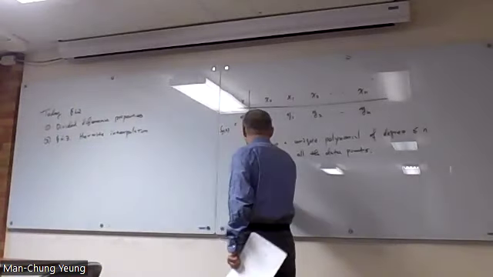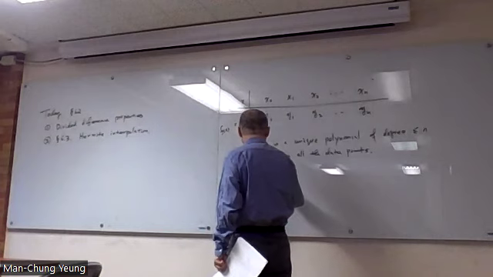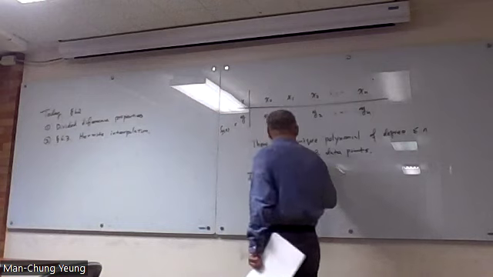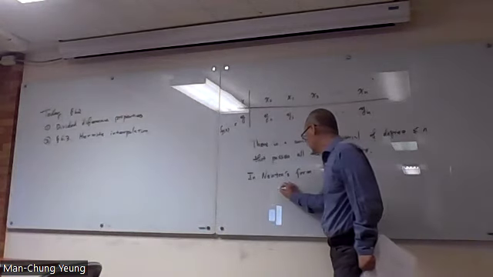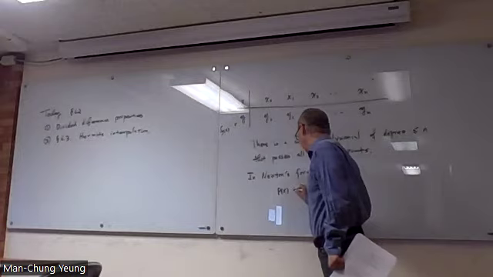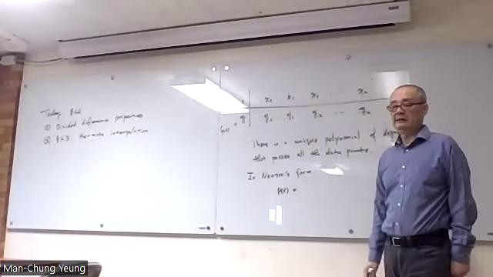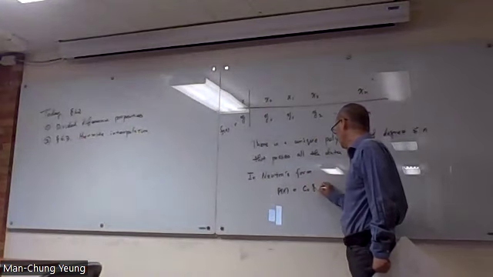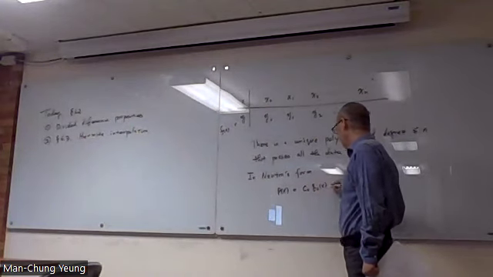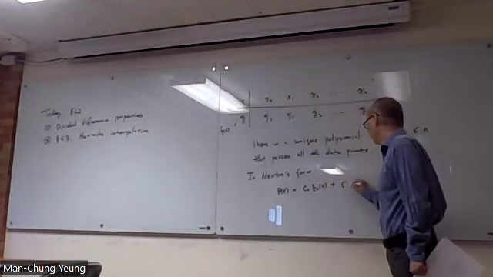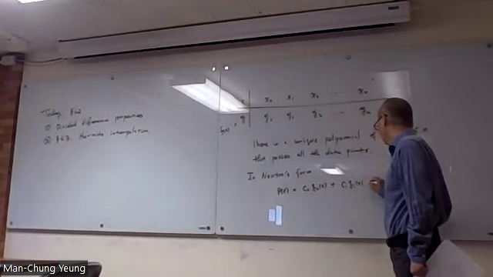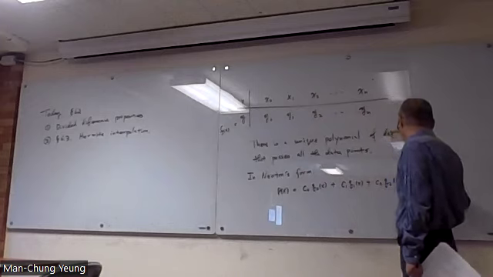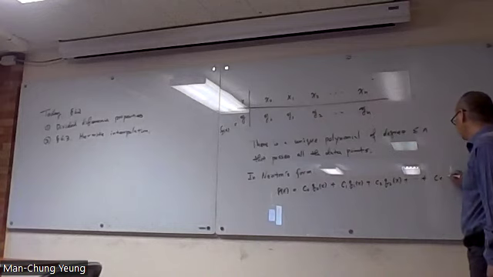In Newton's form, this polynomial can be written as P equals C0 times Q0 plus C1 times Q1 plus C2 times Q2 and so on, plus Cn times Qn.